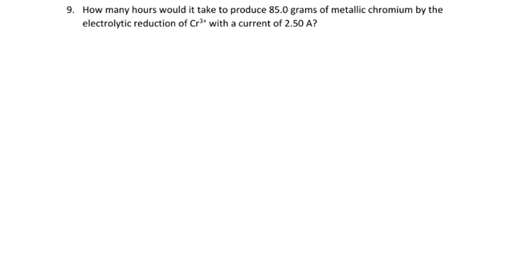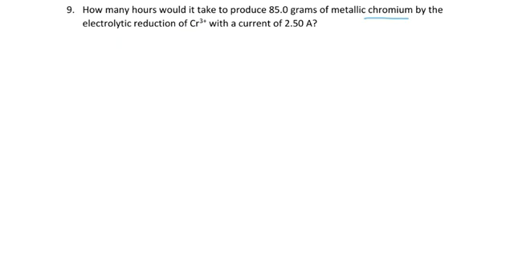I think what is also important here is to understand the equation. We have metallic chromium by the electrolytic reduction of that. So I believe the equation is you begin with chromium 3 plus and then it is reduced to chromium metal.